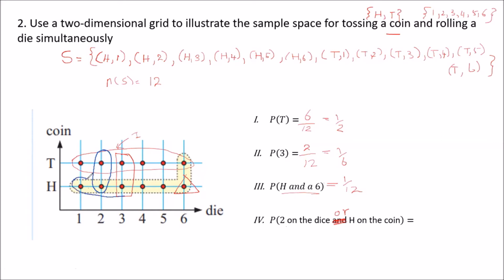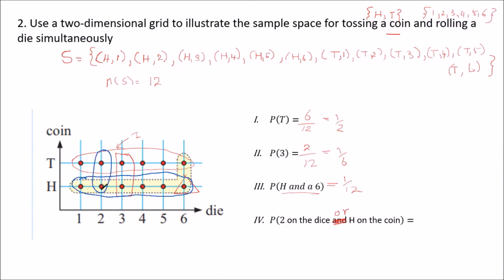In these events we get head. Then 2 on the die or head means union of this set. Then 1, 2, 3, 4, 5, 6, 7. How many events are there? 7. Only 7.